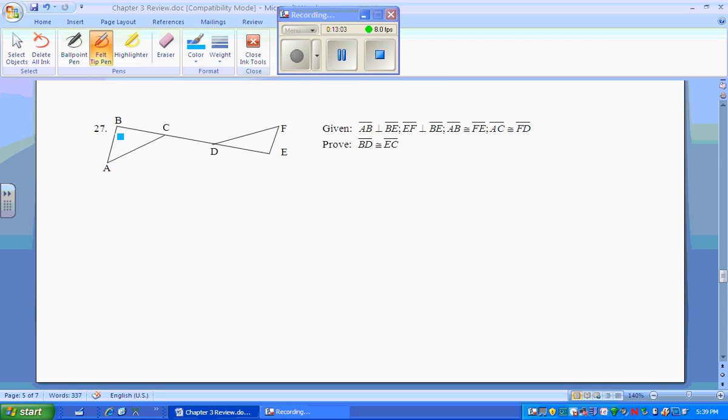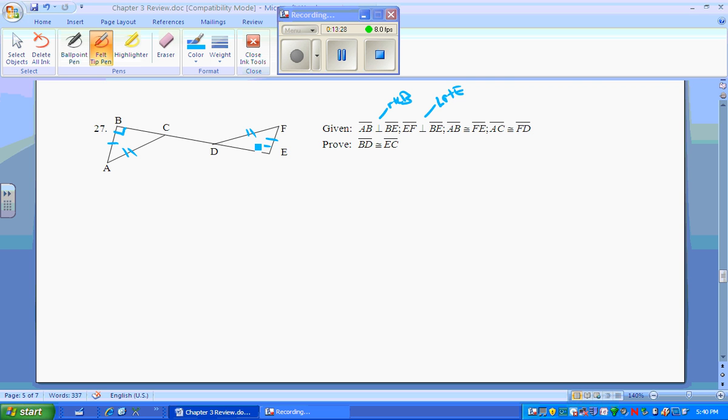27. AB perpendicular to BE, a right angle at B. EF perpendicular, right angle at E. AB being congruent to EF, and then AC being congruent to DF. Let's look at it. We got the right angles. Do we have the hypotenuses? Yes, we do.